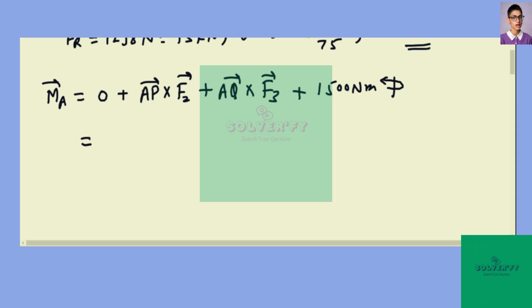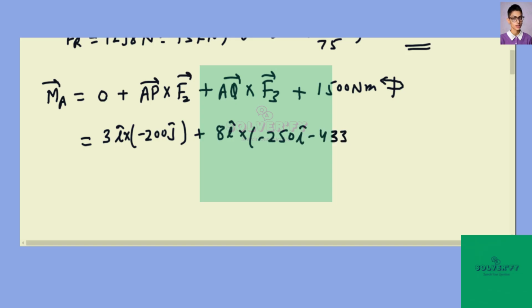AP vector is 3 i cap, F2 is minus 300 j cap. AQ is 8 i cap vector, cross F3 which is minus 250 i cap minus 433 j cap Newton meter.